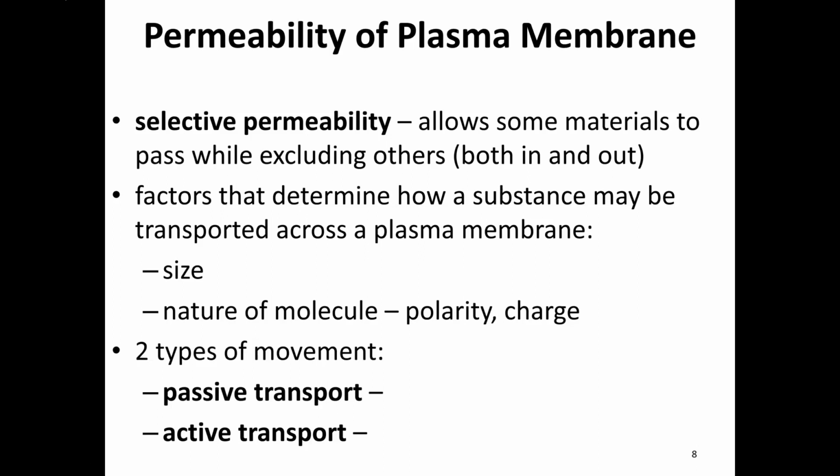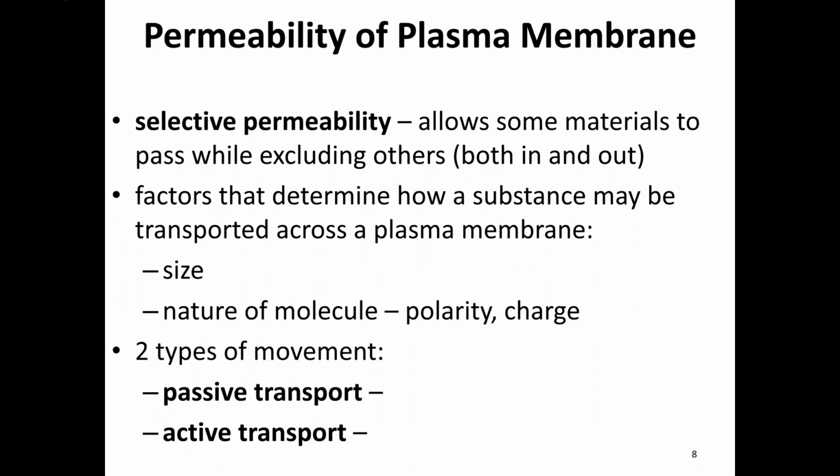We're going to now talk about the permeability of the plasma membrane. I've talked about what the plasma membrane is composed of and that it is a fluid mosaic. Now I'm going to talk about what it means to be selectively permeable.